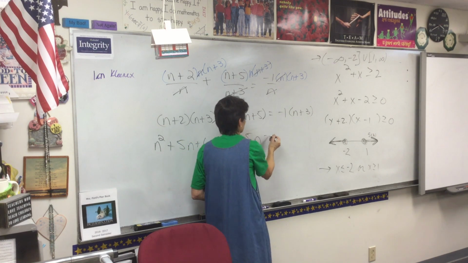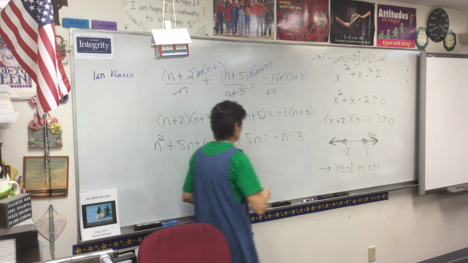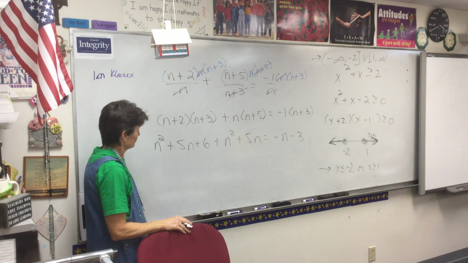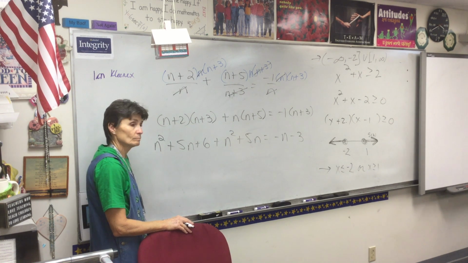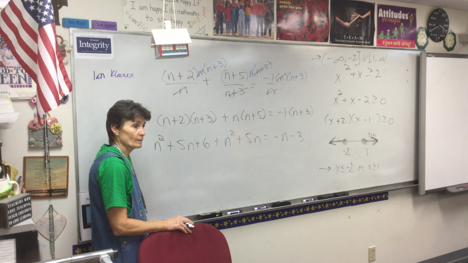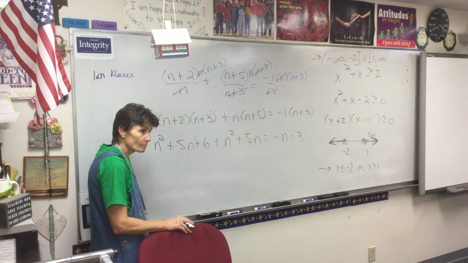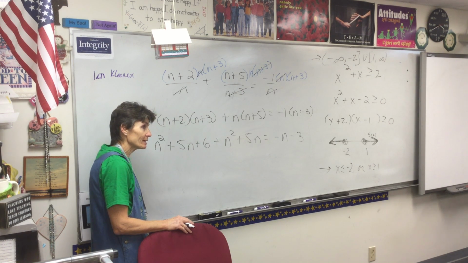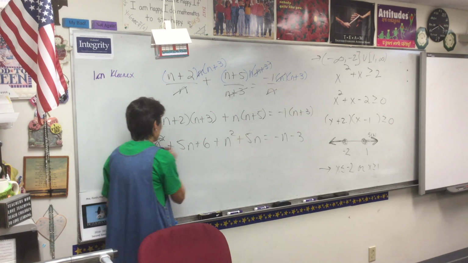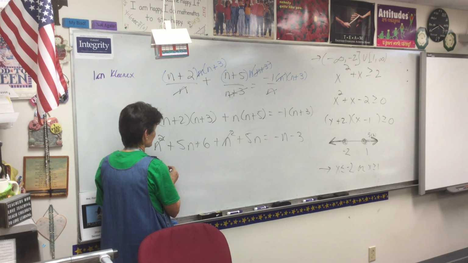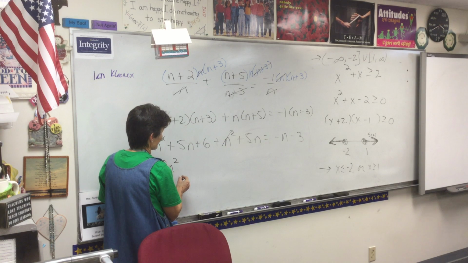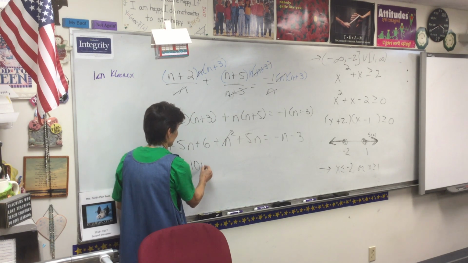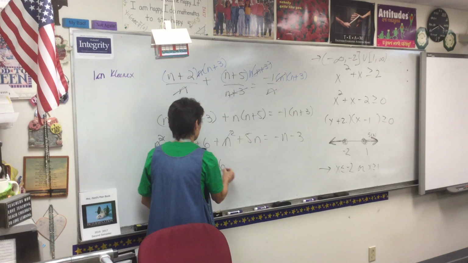Distribute here and distribute here. Now what? Collect like terms. So I have, is that 2n squared? Plus 10n plus 6.